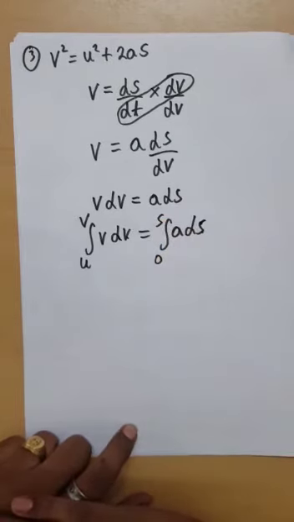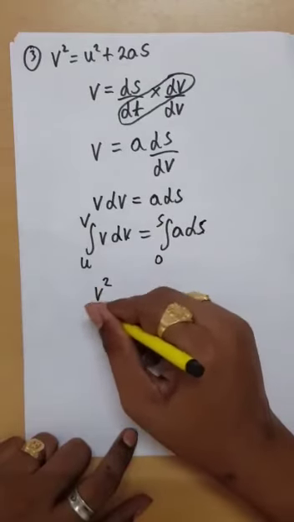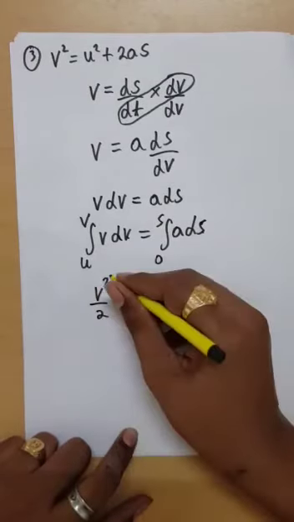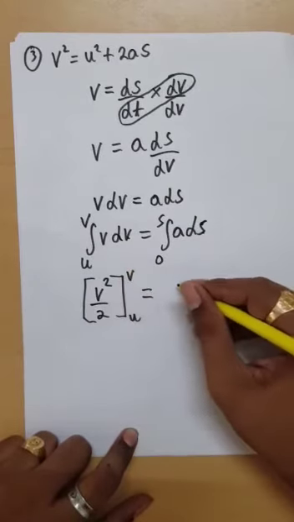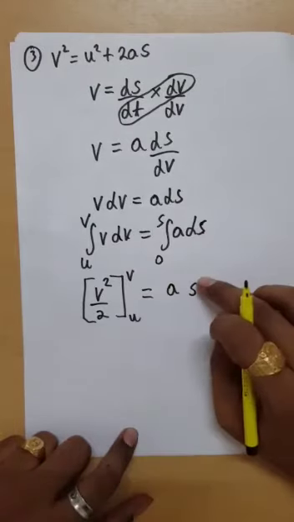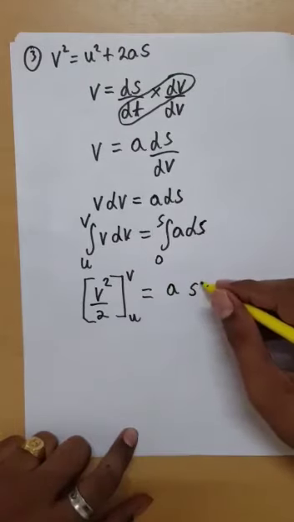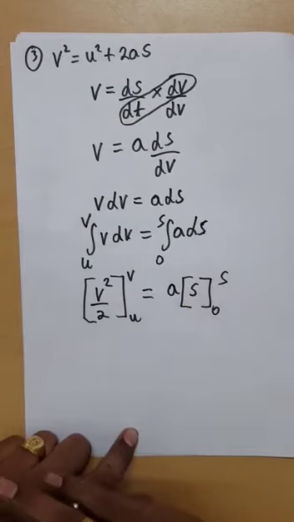Now when we integrate v, it would become v square by 2. We'll put box bracket u to v is equal to a, which is a constant, s to the power 0, when we add 1 to it it would become s, box bracket 0 to s.